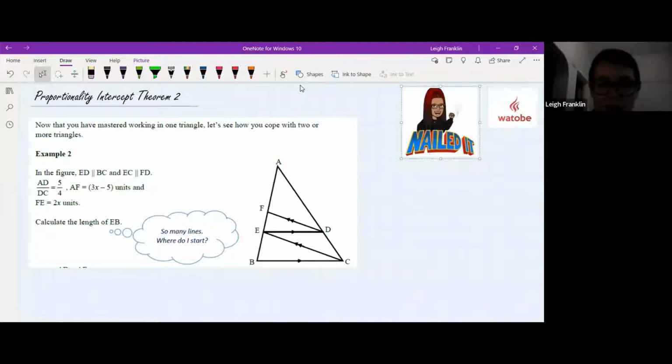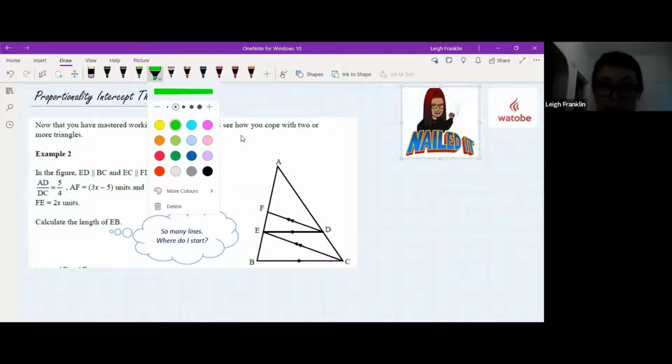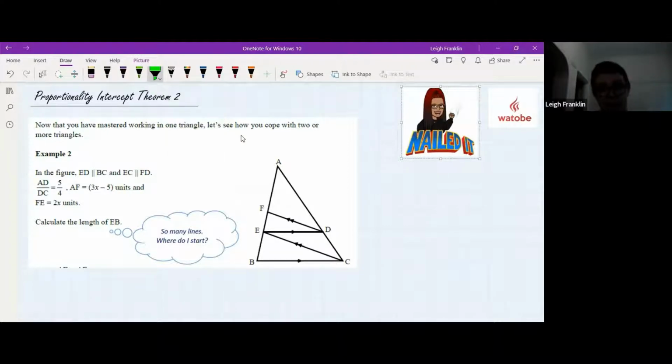What they tell us in this diagram on the right-hand side is that we have triangle ABC, and we can see that line ED is parallel to line BC. Remember I said to you the last time, your highlighter is your best friend in geometry, so do not be afraid to highlight stuff.